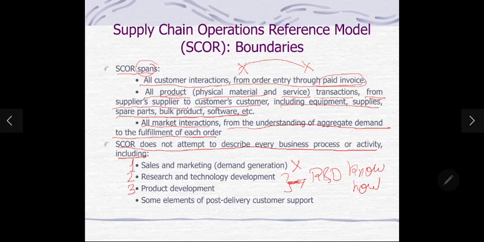SCOR model doesn't cover the know-how of any company. It doesn't reveal how the actual production takes place. It doesn't reveal how you can do this thing. It just gives you a guideline.